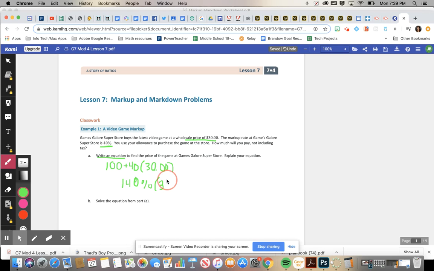And I can write 30.00, but it's the same as 30. And then I'll change this to a decimal because I can't multiply percent times a whole number. So change it to decimal, move it back 2 places, or divide by 100, which would be 1.4 times our $30. All right, so there's our equation.